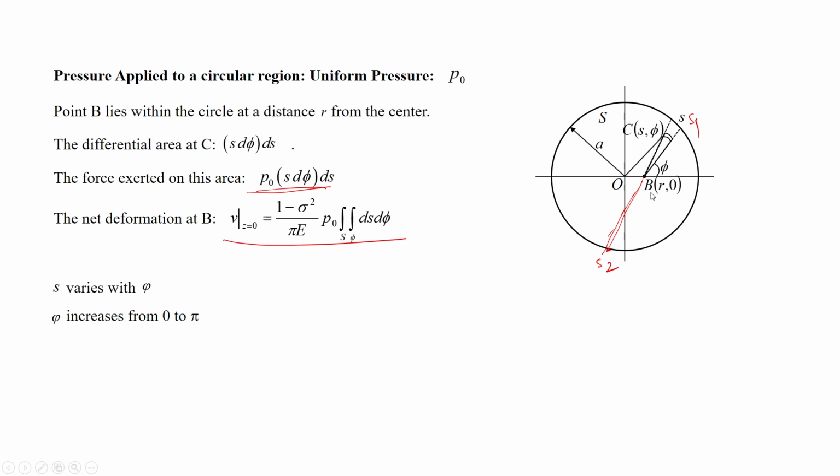If we integrate over phi from 0 to pi, we will cover the whole area for this particular case. So, S will vary with phi from S2 to S1, and phi has to be varied from 0 to pi, which covers the whole area.